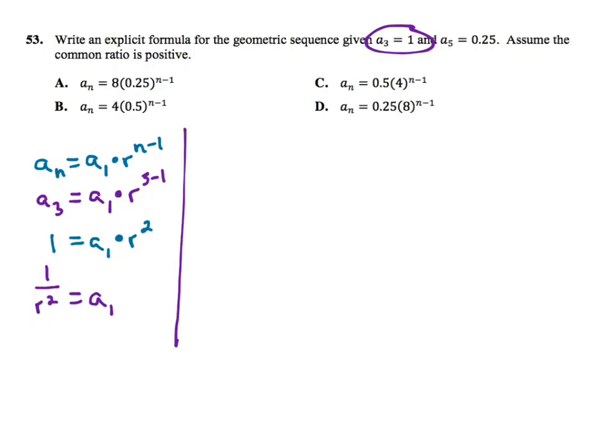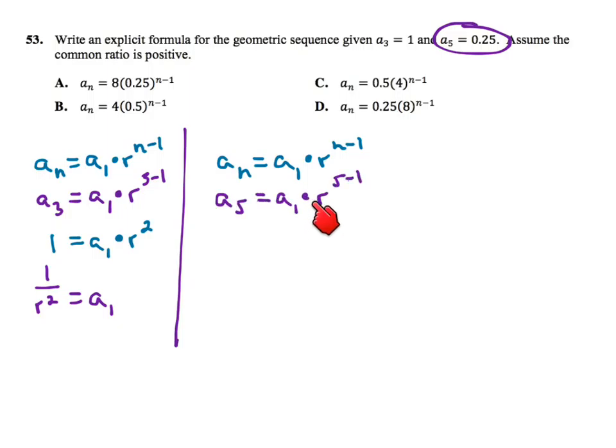Okay, let's do the same thing for the other term. Let's do it for term 5. So here's our initial formula. a sub n equals our initial value, a sub 1, times r, that's our common ratio, to the power of n minus 1. So a sub 5 equals a sub 1 times r to the power of 5 minus 1, right?